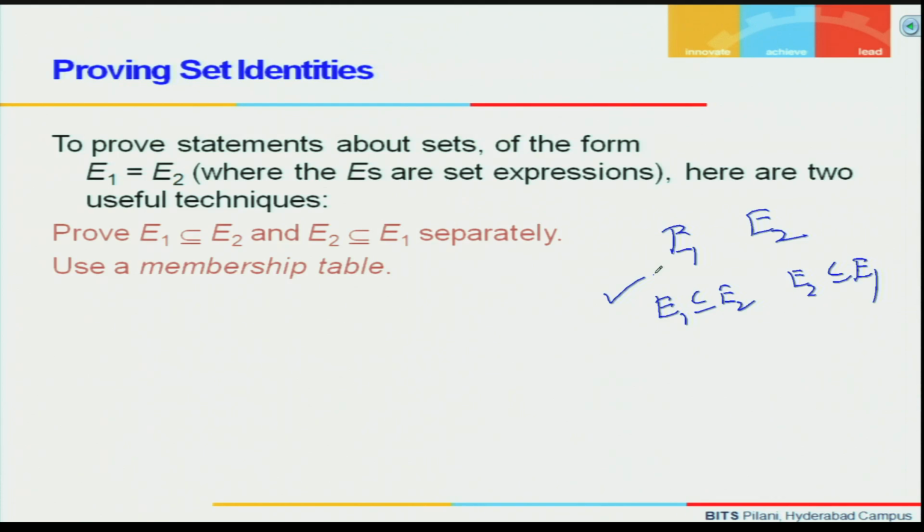Another way is to take an element of E1 and show that the element is also in E2, and similarly take an element of E2 and show that the element is also in E1. If you are able to show that, both sets will be equal.